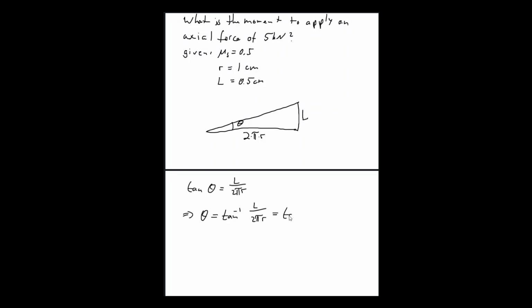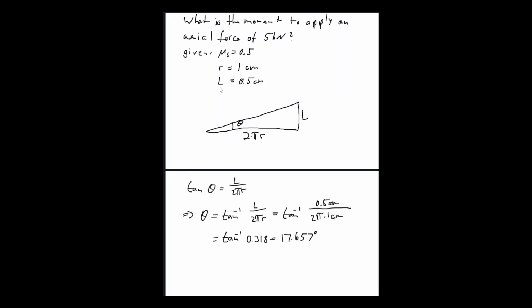In our case, inverse tangent of 0.5 centimeters divided by 2 pi times 1 centimeter. It doesn't matter if it's centimeters or meters here, as long as they're consistent. And that gives me an inverse tangent of 0.318, and that is 17.657 degrees. All right, so that's my theta.